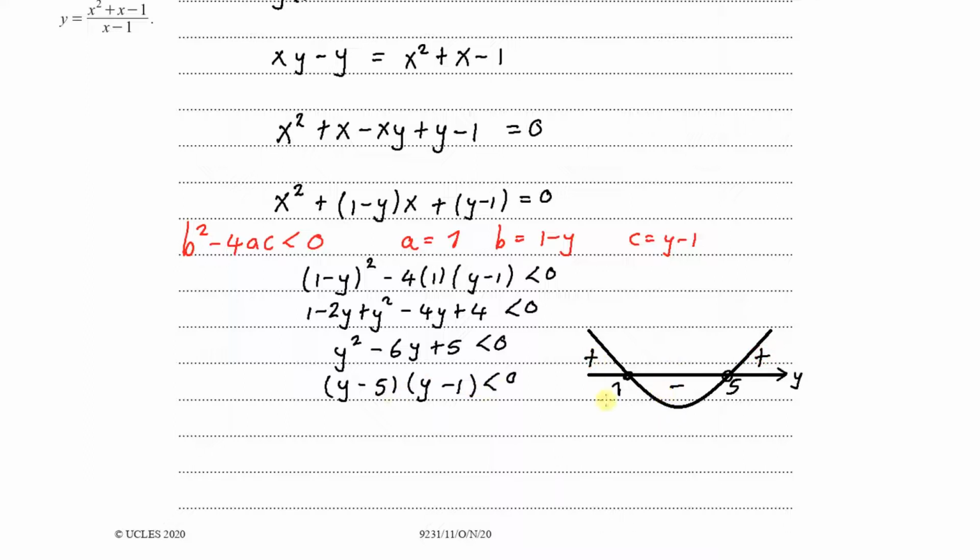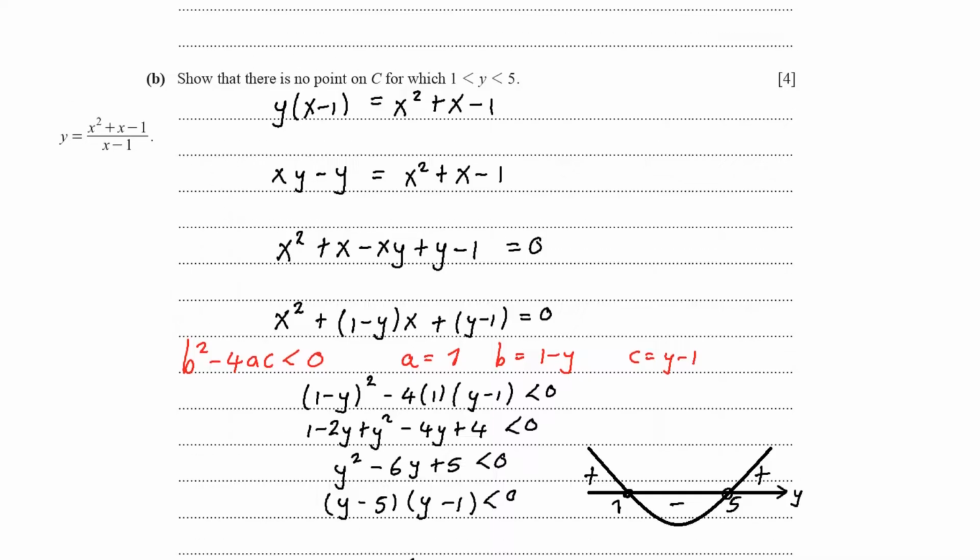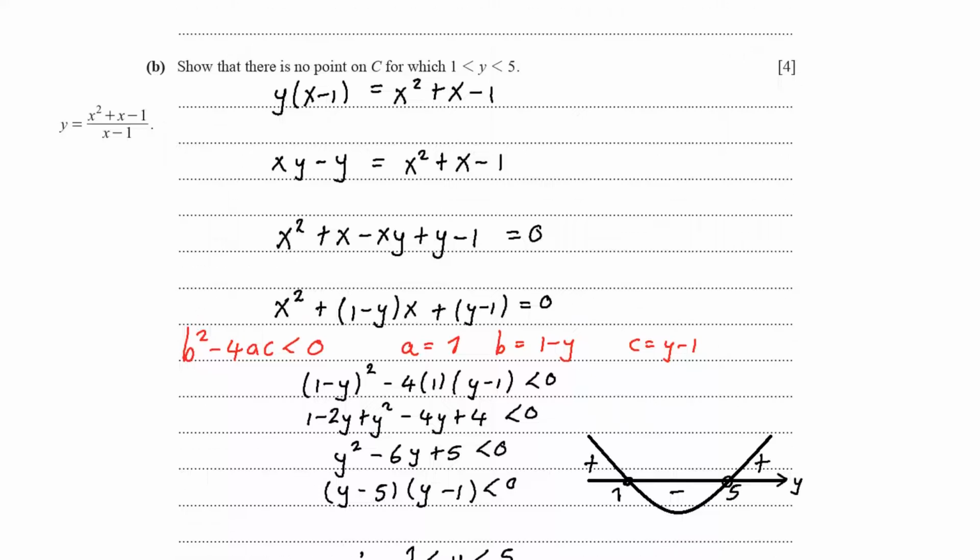The graph is negative for values of y between 1 and 5, where it's below the y-axis. Therefore we can conclude that 1 is less than y and y is less than 5. That's the range of values that satisfy this inequality, and that's actually the proof. That's how we show that there is no point for which y ranges between these two values. And that's the answer to part B.